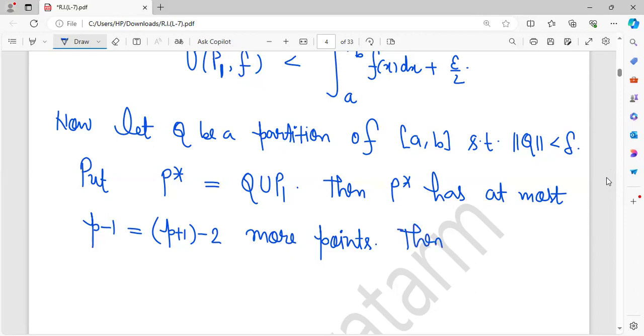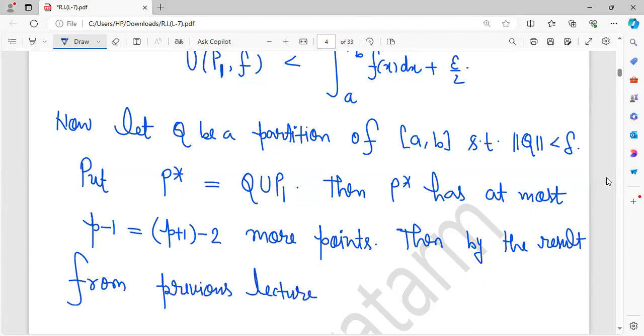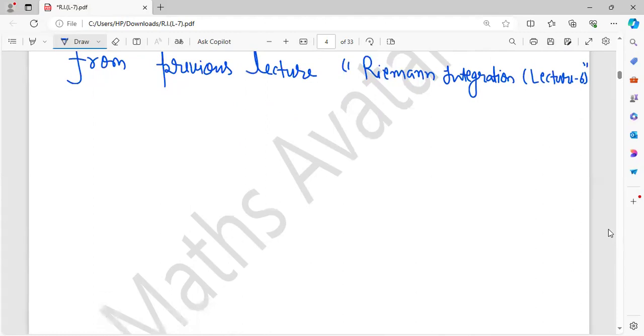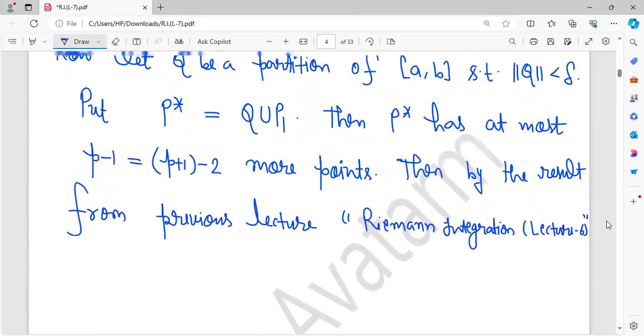Then, by the result from the previous lecture, Riemann integration lecture 6, we have the following.